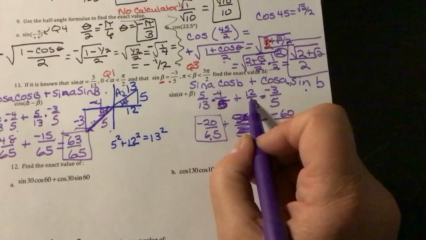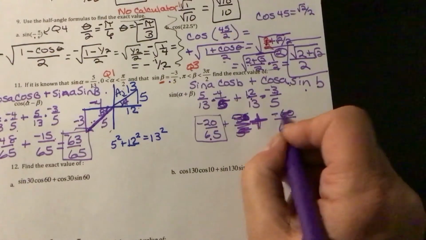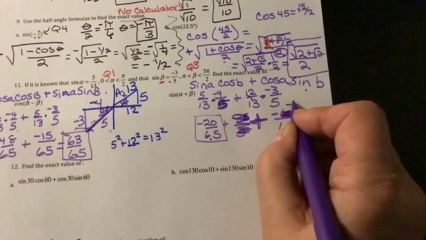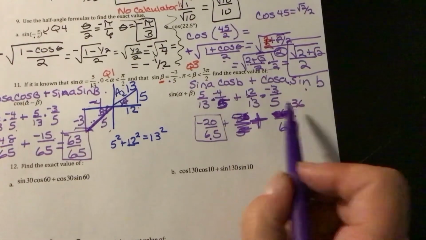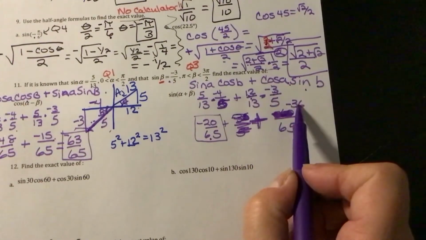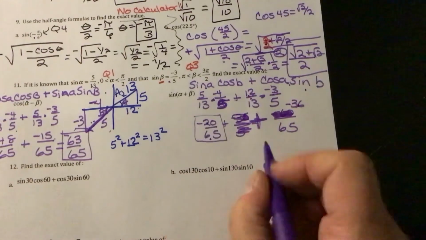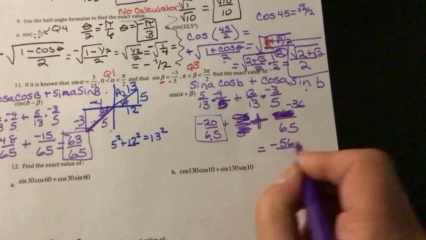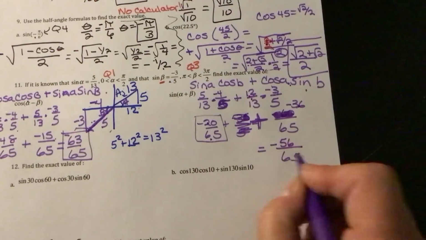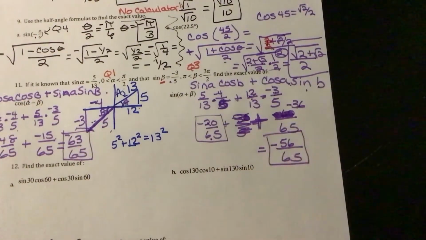How about if I redo this? 12 times negative 3 is negative 36. I'm going to add that to negative 20. So that's negative 56 over 65. Sorry about that mess there.